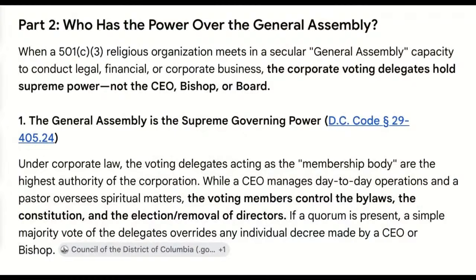You put a motion on the floor, the body votes on it, then that vote is going to override any and all decrees made by the CEO or the bishop. Now, if the vote of the people overrides the CEO or the bishop, what does that tell us?